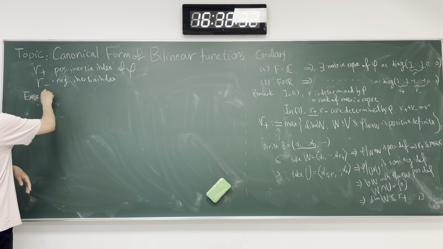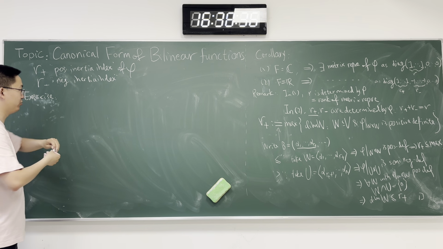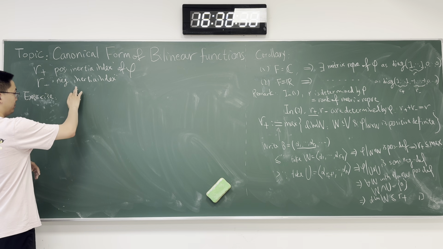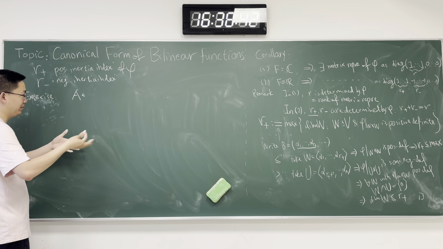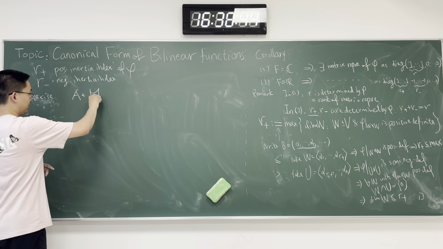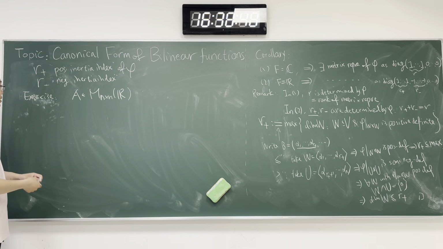You may imagine this phi to be an n by n real symmetric matrix. Say A is this matrix representation under any suitable basis, a matrix with coefficients in the field of real numbers.